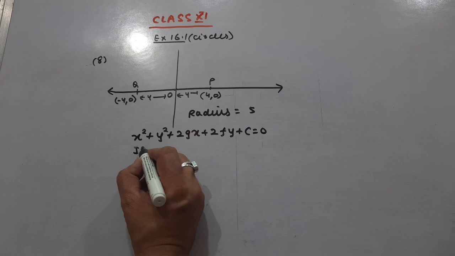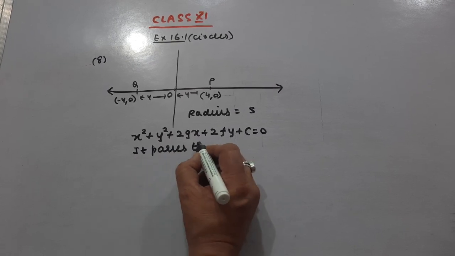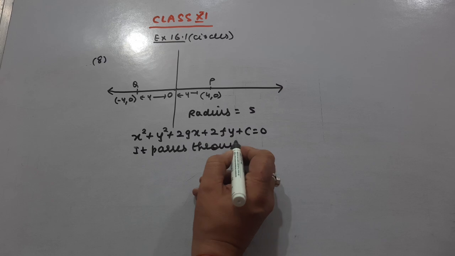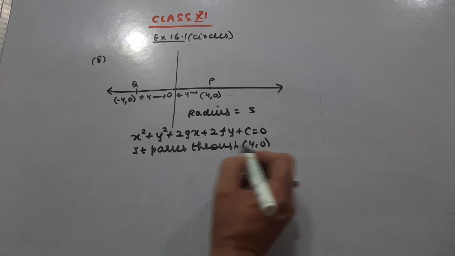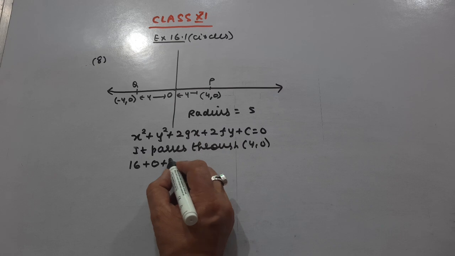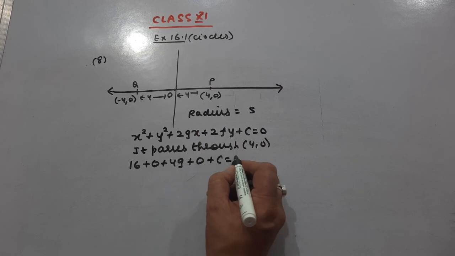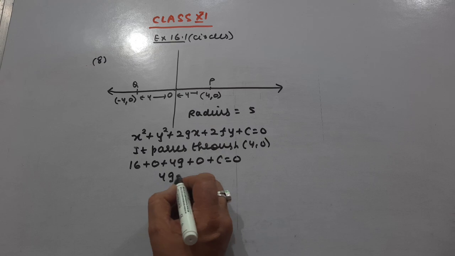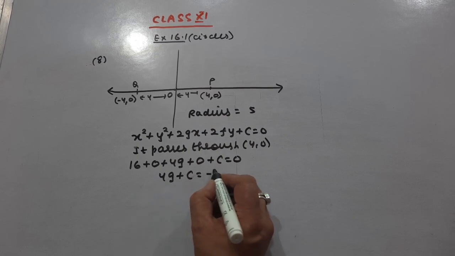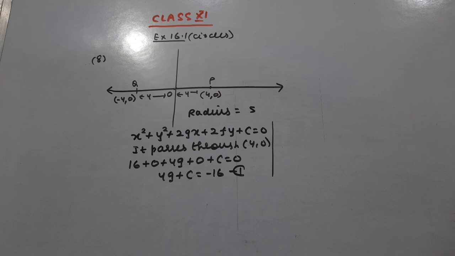Now it passes through 4, 0. So we have 16 plus 0 plus 4g plus 0 plus c equal to 0. So we get 4g plus c equal to minus 16. This is the first equation, right?